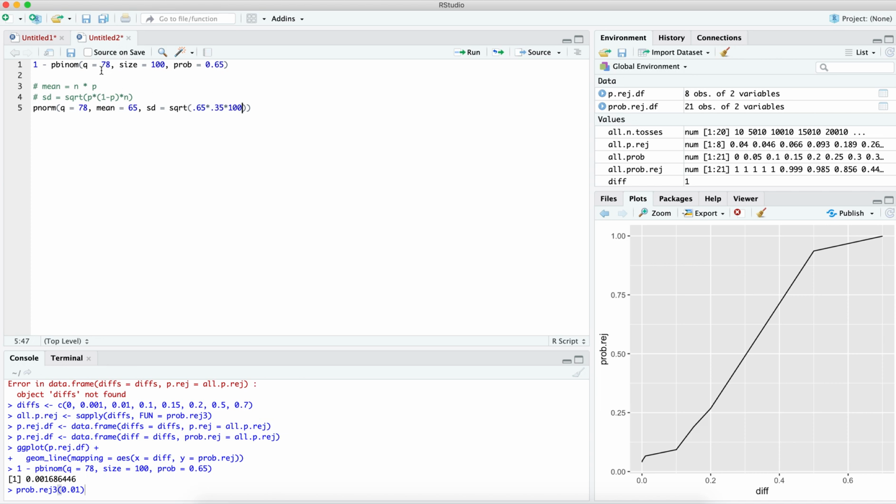Now there's a bit of a problem. We're trying to estimate pbinom of this, which is 78 or less, so the intuition is that it includes all of 78. But pnorm with 78.0 does not include 78.1, though intuitively it should. For different configurations it's going to be a little different.